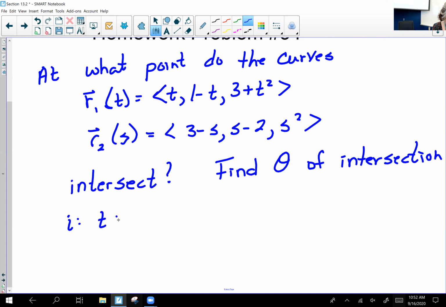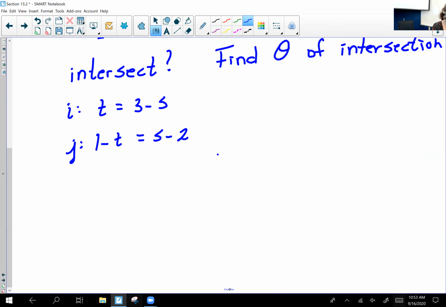The t is then going to equal 3 minus s. So far, so good. For the j component, we're going to have 1 minus t equals s minus 2. This one we can simplify down a little bit.